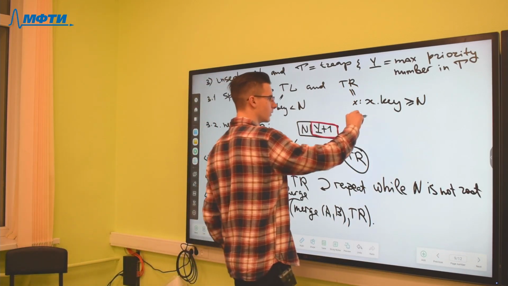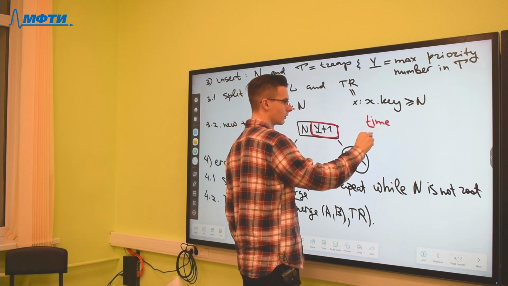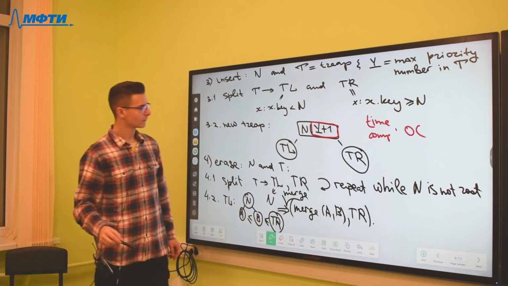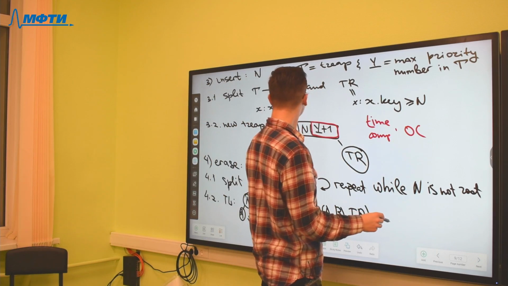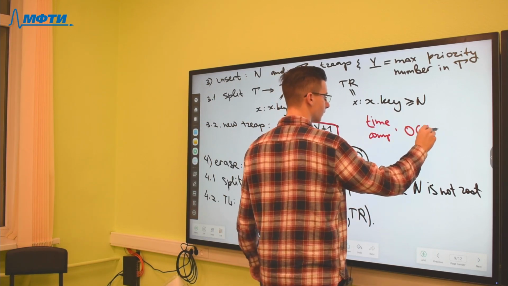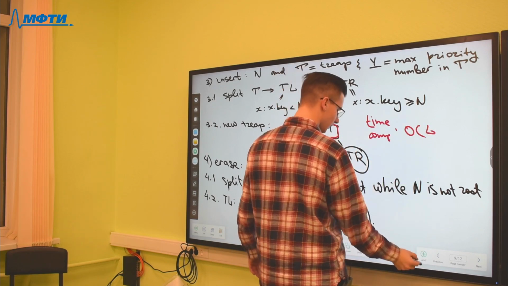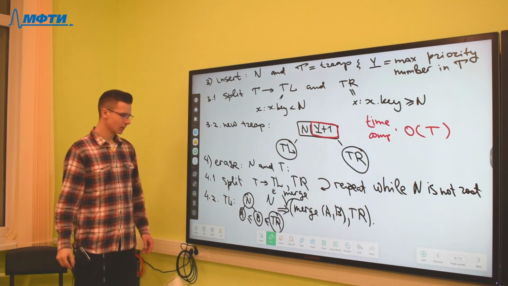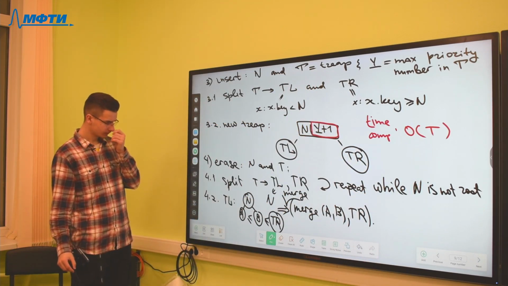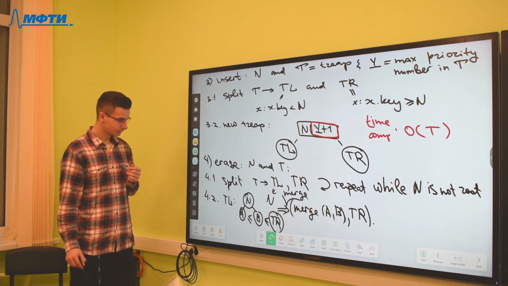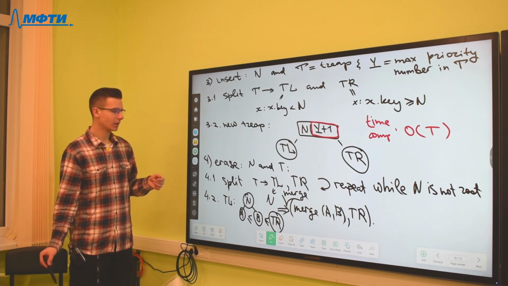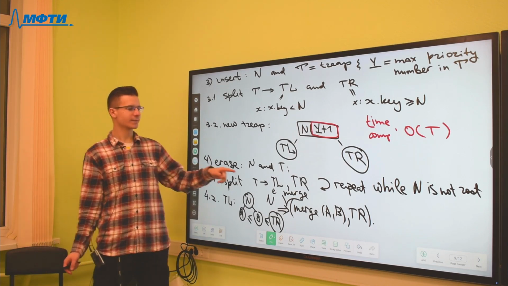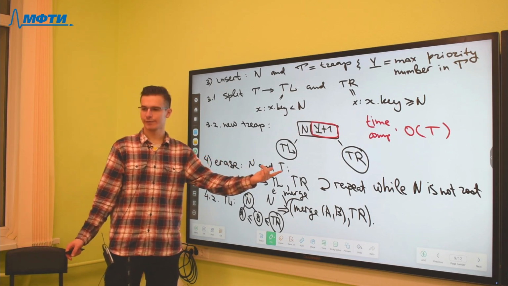So the time complexity is O of the depth of T. And here it is interesting that the number of merges will be asymptotically equal to the depth of T.